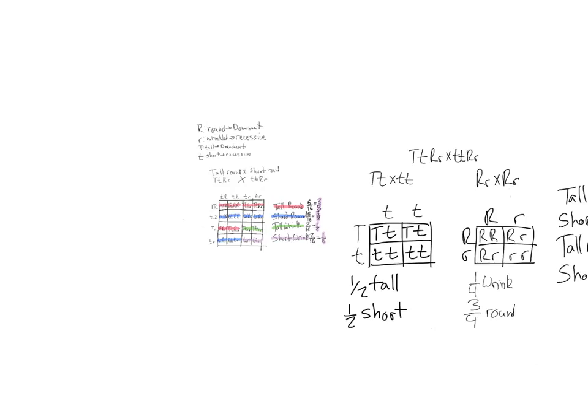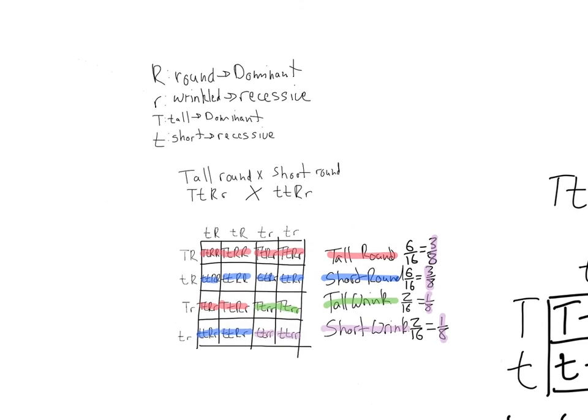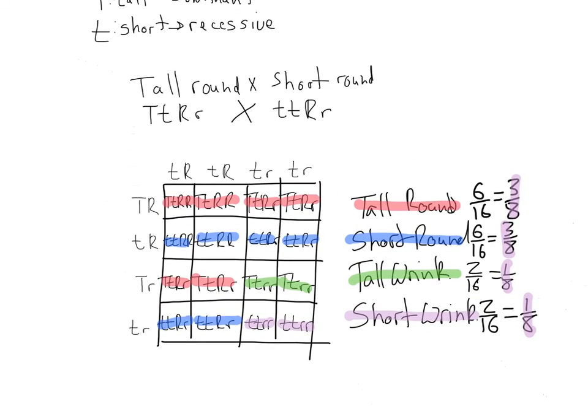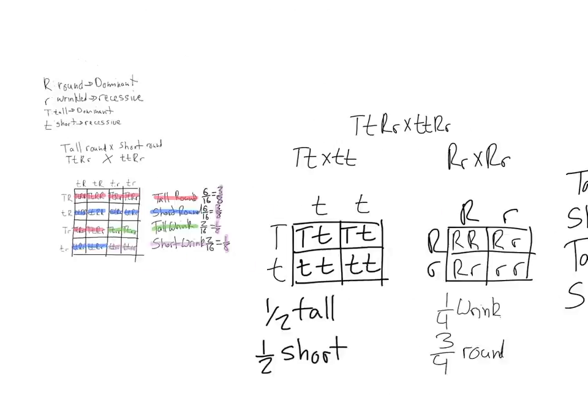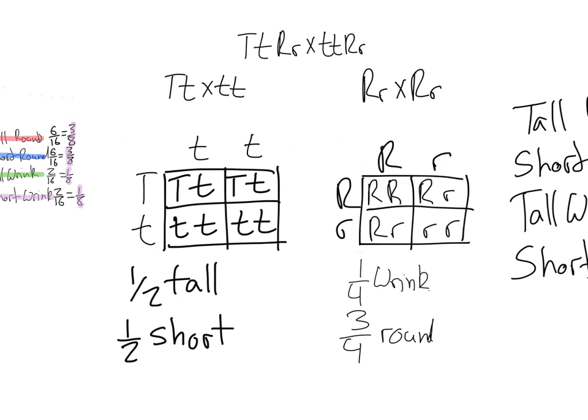So it's two different ways to do the same problem. You can either do it like this, where you set up one big Punnett square, or you can do it like this, where you set up two smaller Punnett squares. You end up with the exact same answer.